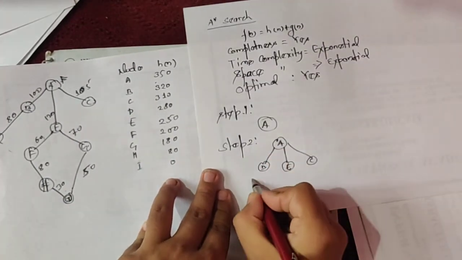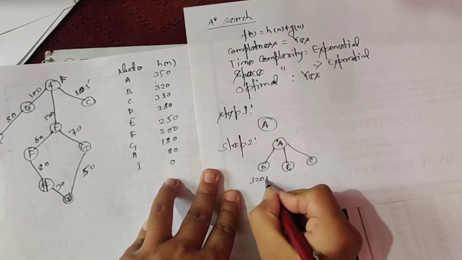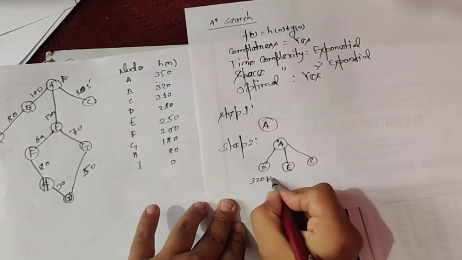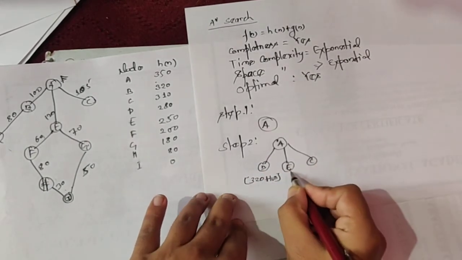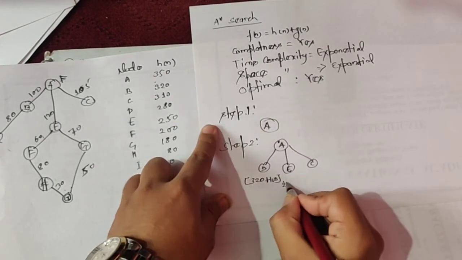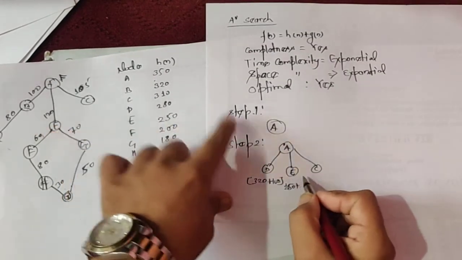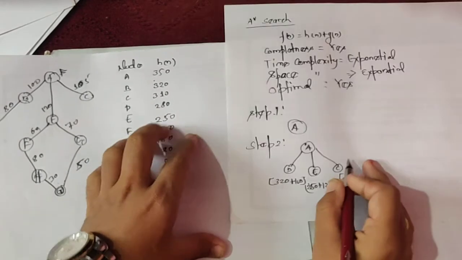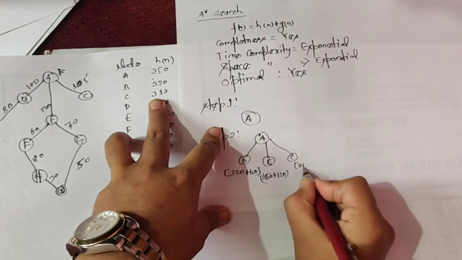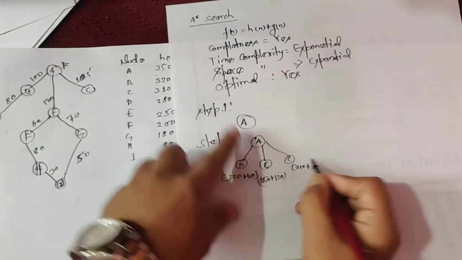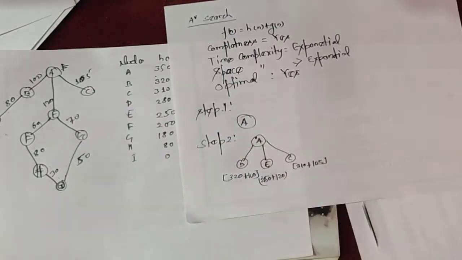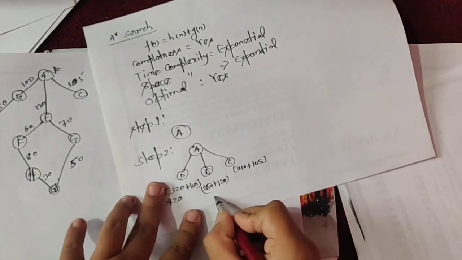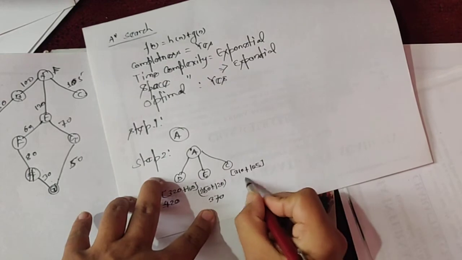So the value of HN is 320 plus the A to B distance, which is 100, so we add 100. Similarly for E, 250 plus 120. Similarly for C, 310 plus 105. That equals 420, 370, and 415.